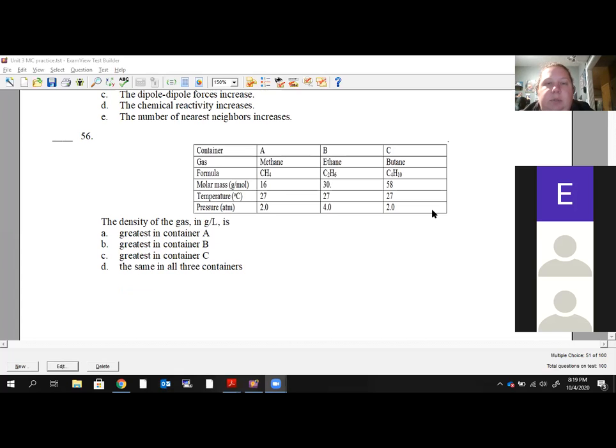So they're all the same temperature. B has got a higher pressure. So we have to think about masses and volumes, right?